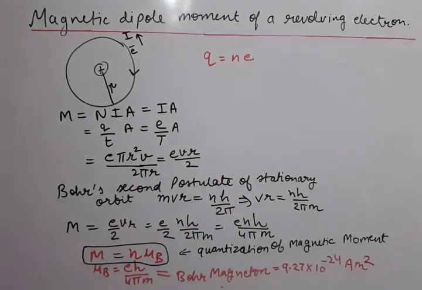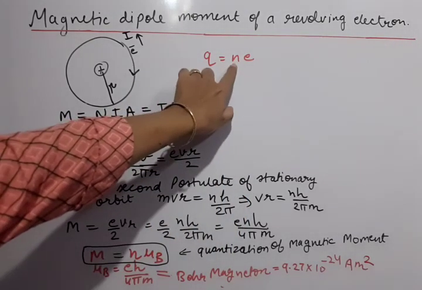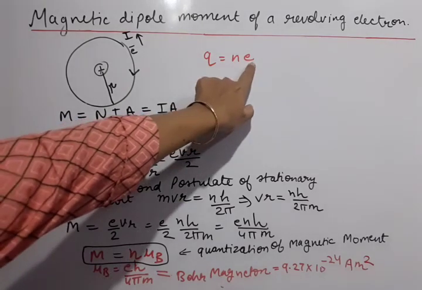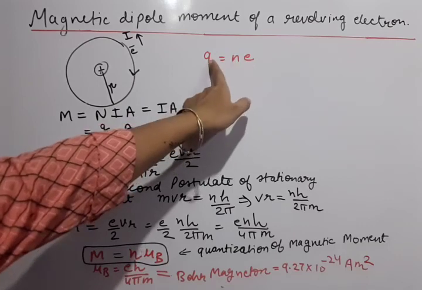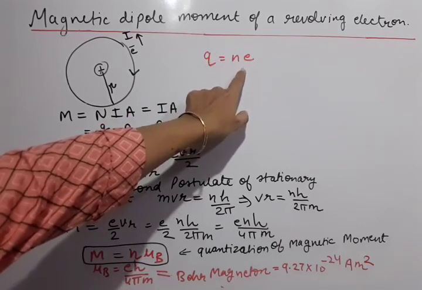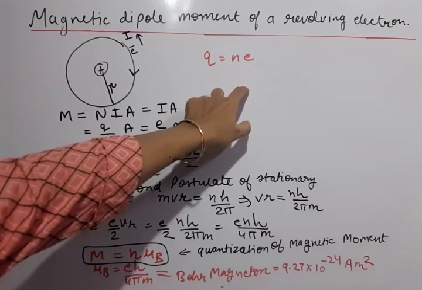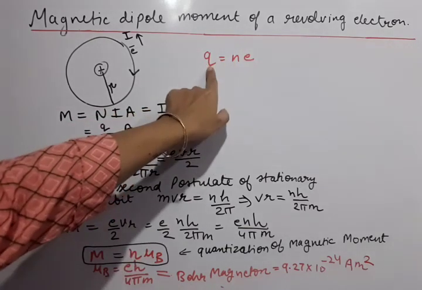Q equal to ne. We say that charge can be an integral multiple of e. That means charge can be 1e, 2e, 3e or minus 1e, minus 2e, minus 3e. Not a fraction. So this is called quantization of charge.